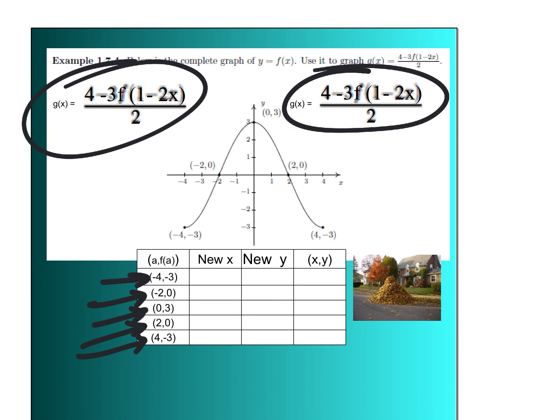But would you just take the first point there? -4, -3, and figure out what the new x and the new y would be for that point. And then you just have to rinse, lather, rinse, and repeat.